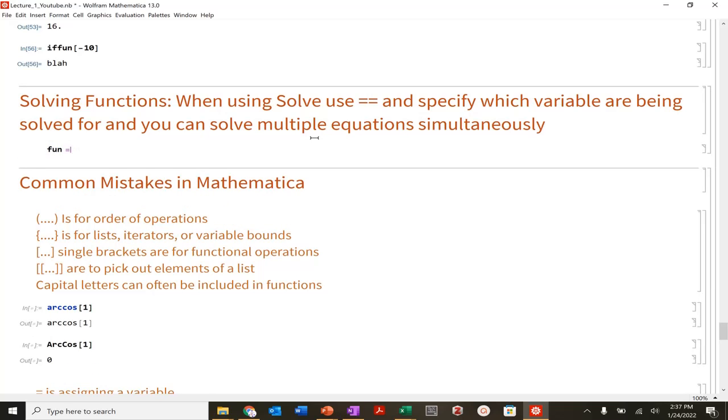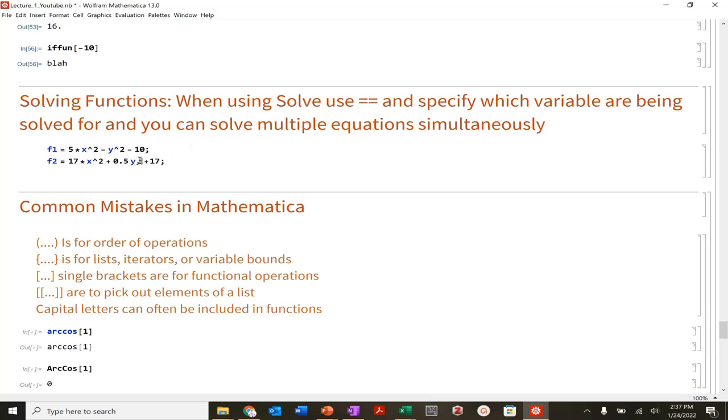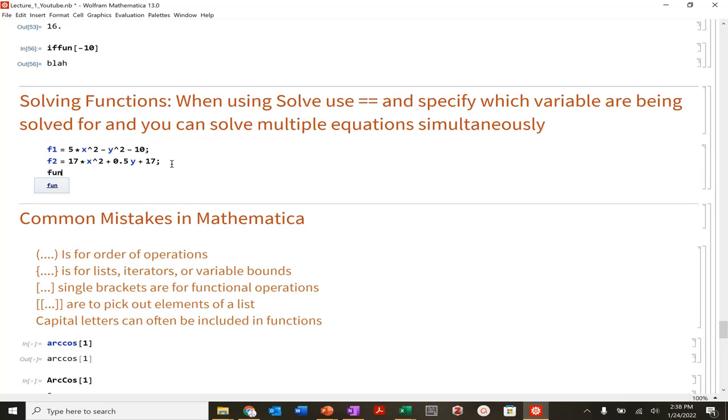I'm going to do function f1 equal to 5 times x squared minus y squared minus 10, and then f2 is equal to minus 17 times x squared plus 0.5y plus 17, and let's do finally fun simp equals 10 times x squared plus 18x, a quadratic formula.